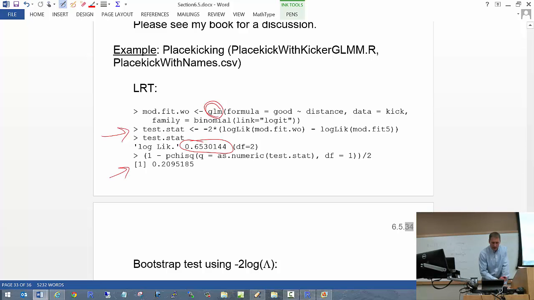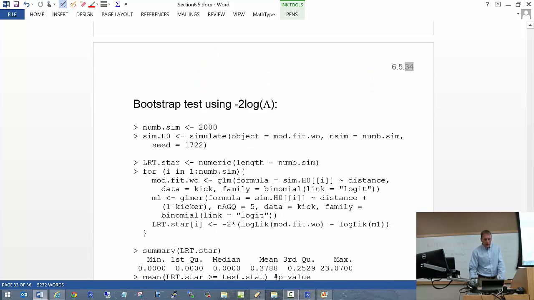My p-value, using the divide by 2 method, is 0.2095. So there's not sufficient evidence to indicate that indeed sigma squared is greater than 0. What this is saying to me is that there's not sufficient evidence to indicate that a random effect is needed. How about using a bootstrap with -2 log lambda?